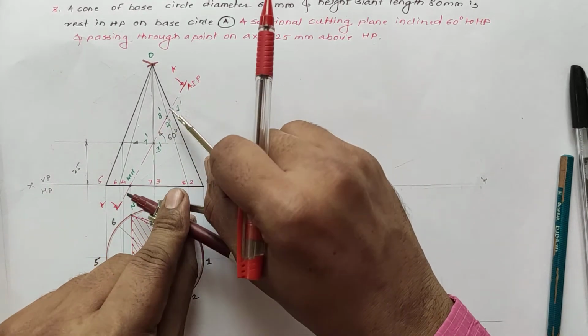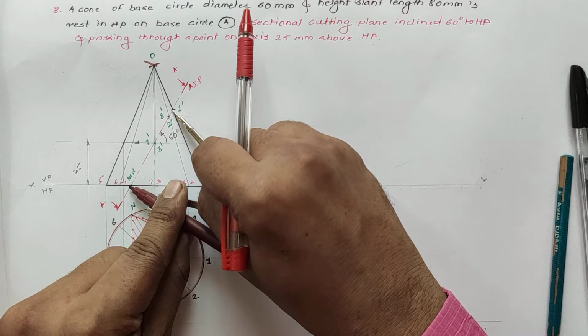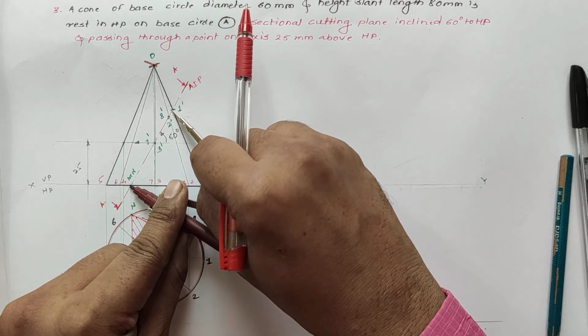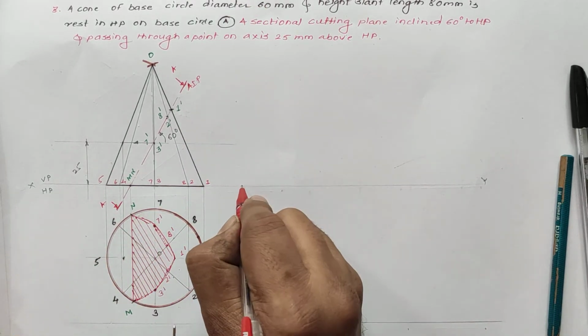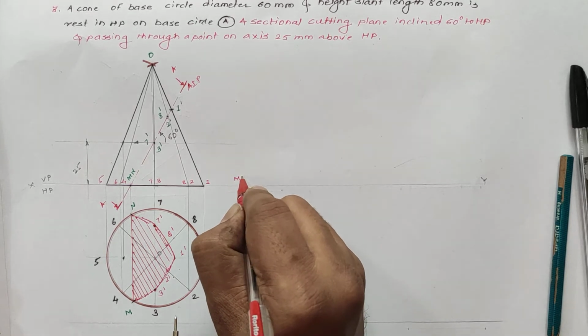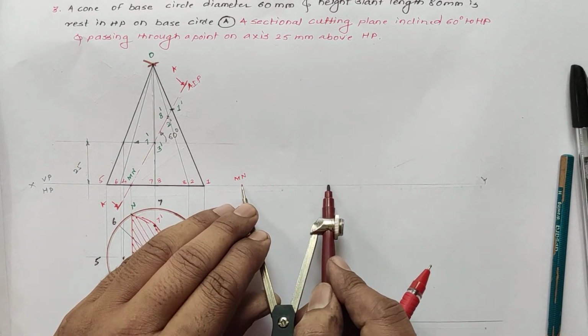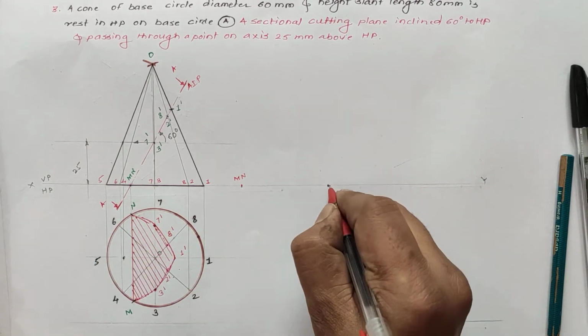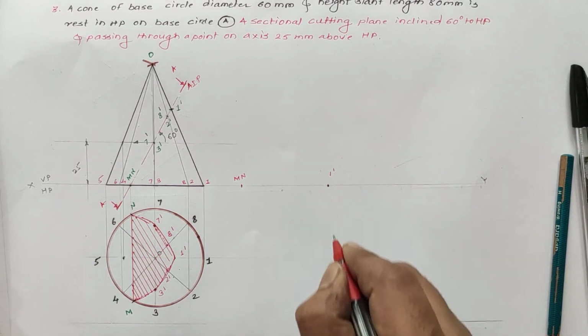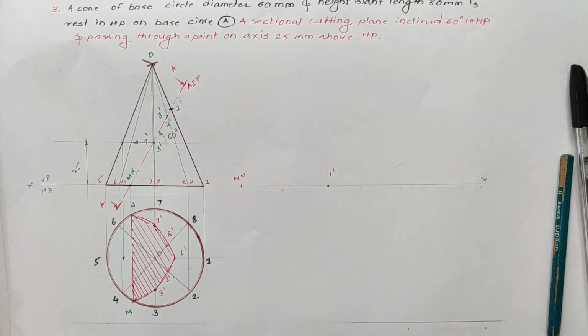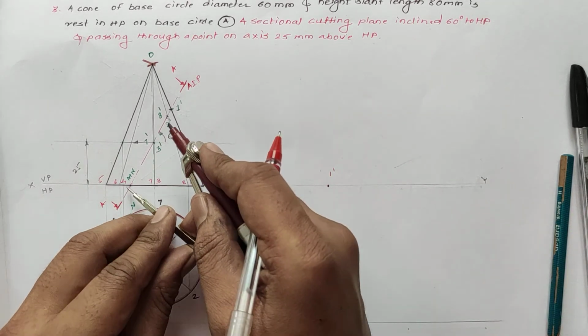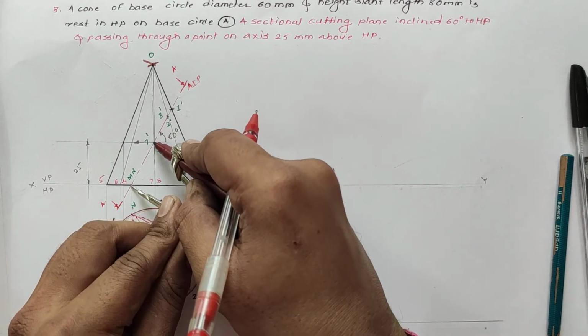Take this distance in the compass, 1 dash to MN. Mark the points here, M and N, and the remaining point we can mark here, that is 1 dash. Then initially we can mark all the points, that is 7 and 3.